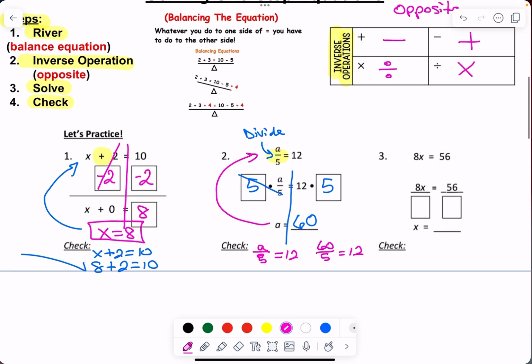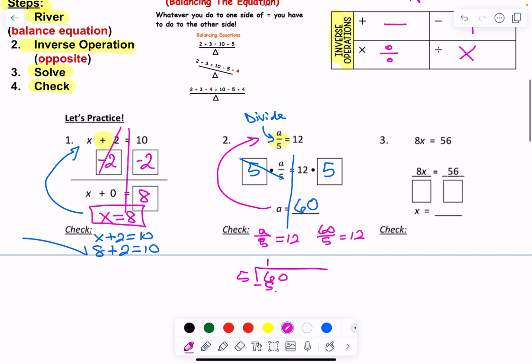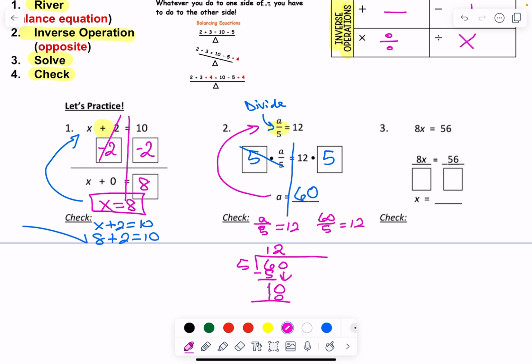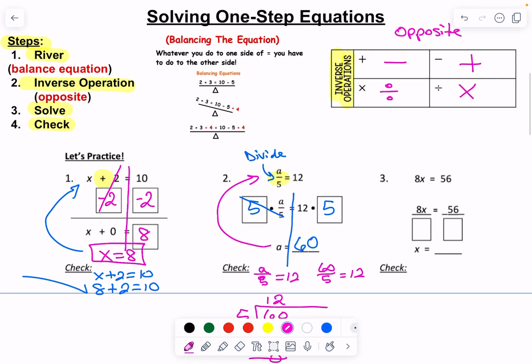Well, let's see. 5 goes into 6 one time. We subtract, we get an answer of 1. Drop down the 0. 5 goes into 10 two times, which is 10. And we're left with no remainder. So yes, it works out. 60 divided by 5 is 12. So we did it correctly.